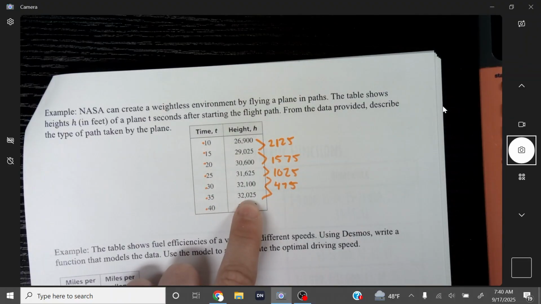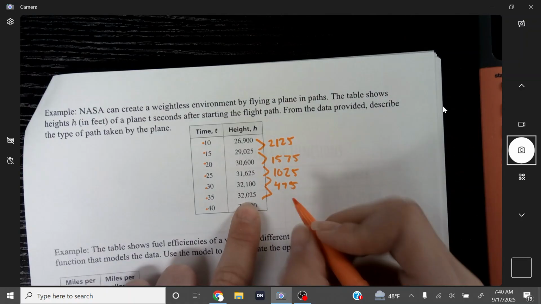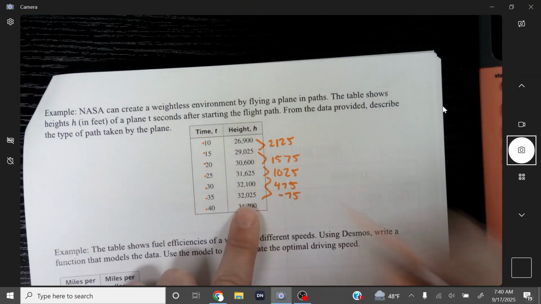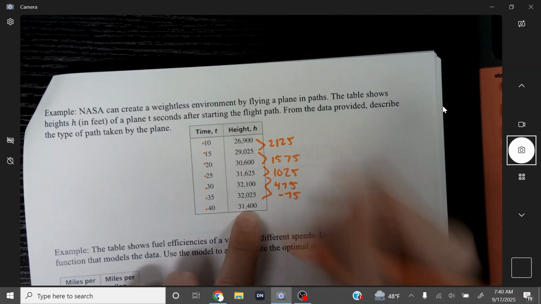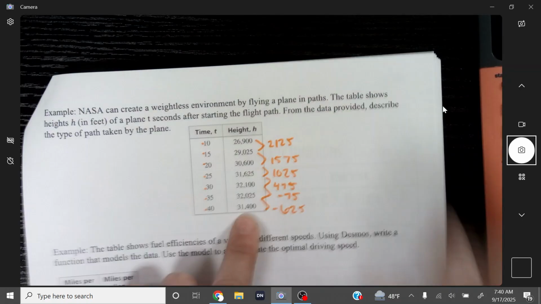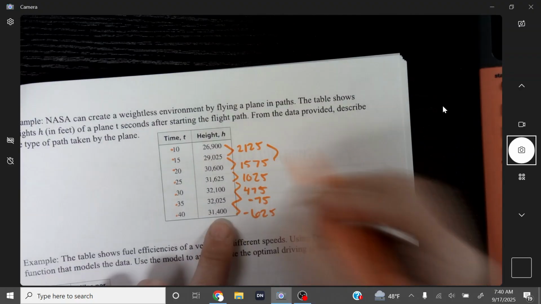Almost there. 32,025 minus 32,100, we are at negative 75. And lastly, 31,400. Oh, that one's not right. I messed up on it. Nope, I'm good. Okay, let's see. 31,400 minus 32,025, negative 625. So these are not all the same numbers, so we do it again.